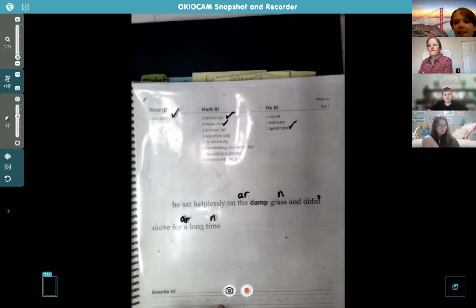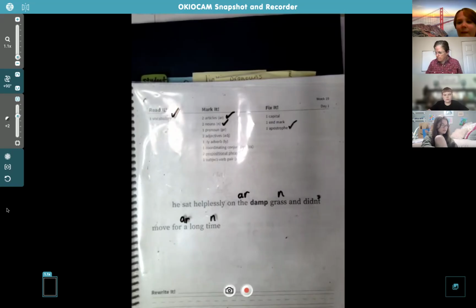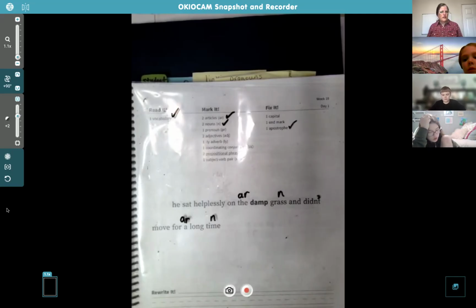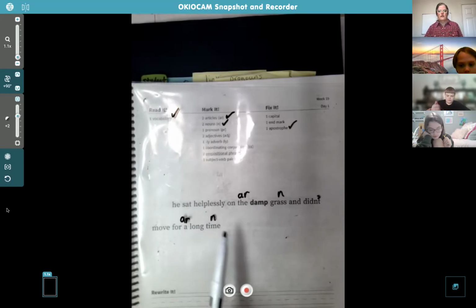Wouldn't time be a verb? No, it's not a verb actually, because time is a thing. So if you look at the time on the clock, or it is time to do your homework, time is going to be a noun, especially the way it is in this sentence with a long time.